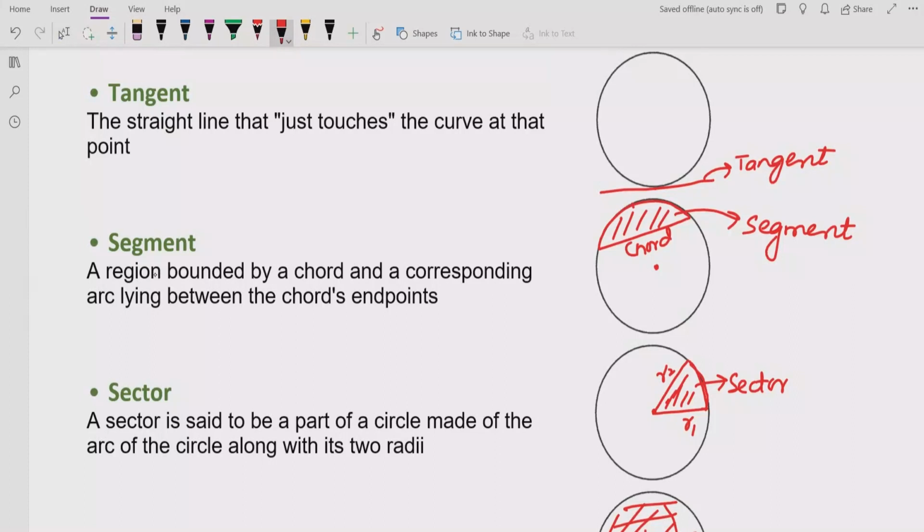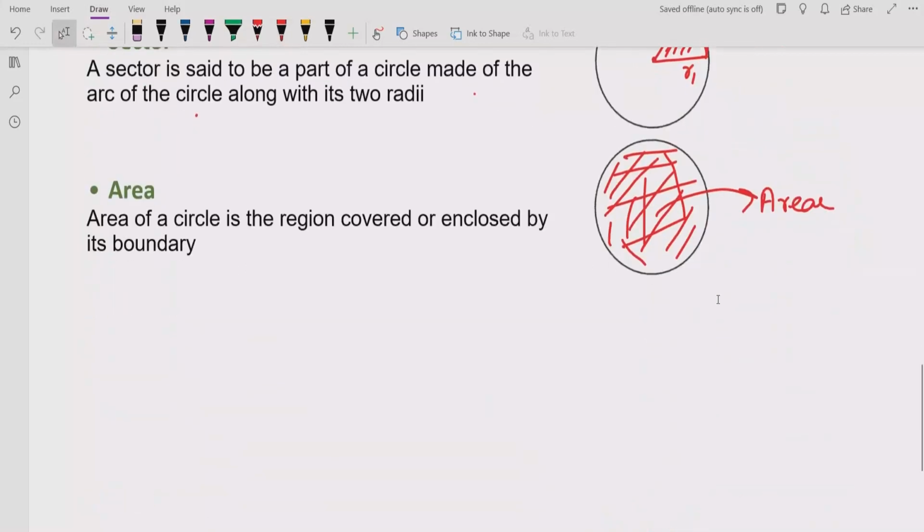A sector is a part of a circle made of an arc of the circle along with its radii. If we draw two radii and one corresponding arc between them, that region is called the sector. And last is the area. Area is the region covered and enclosed by its boundary.